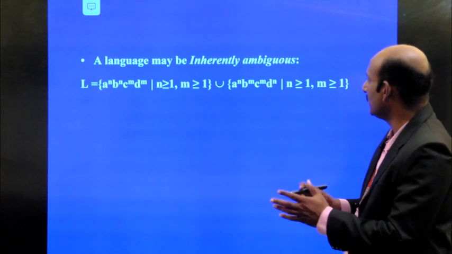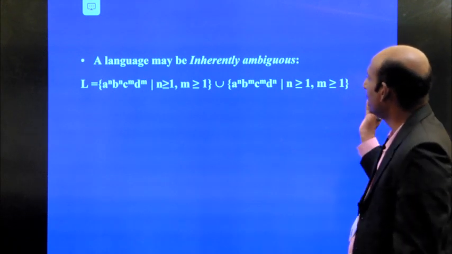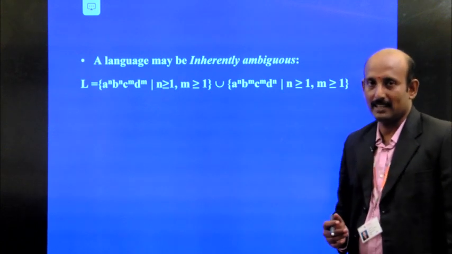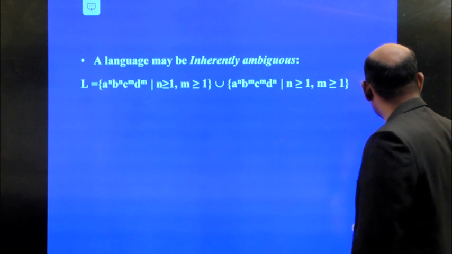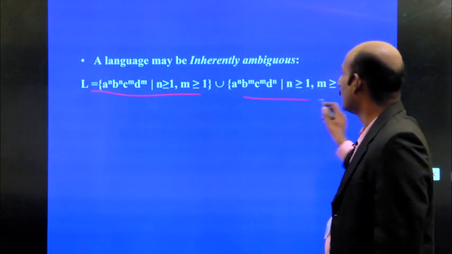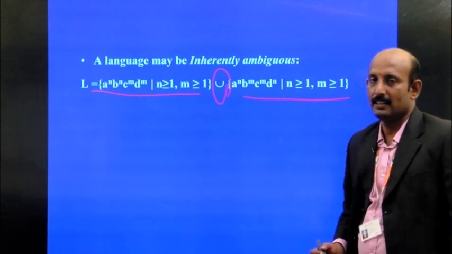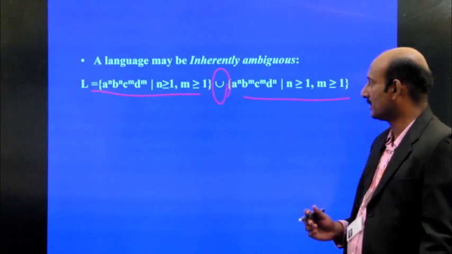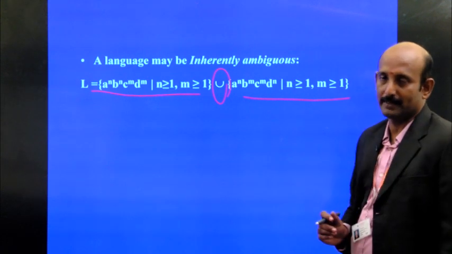If you combine two languages by this union operation, together, then we may have an inherently ambiguous grammar.